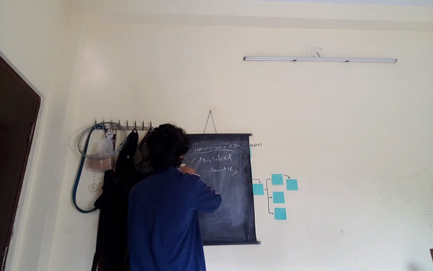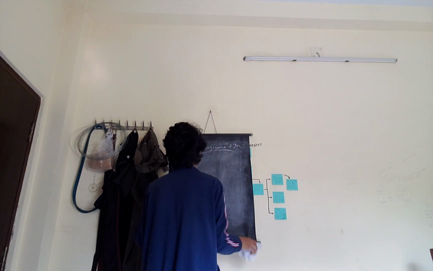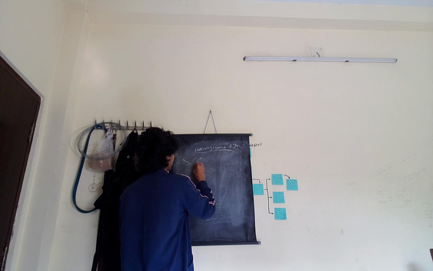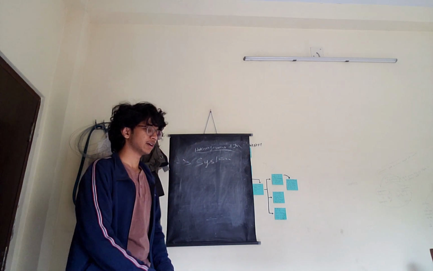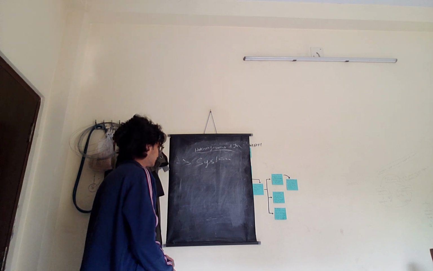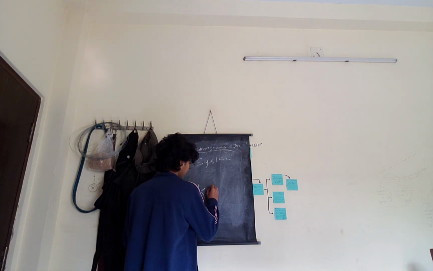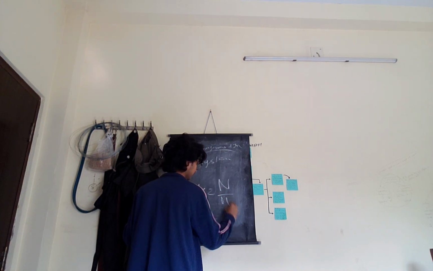Now let us talk about what is systematic data. In systematic data, it's very different. For example, this goes through a formula: k equals N divided by n.